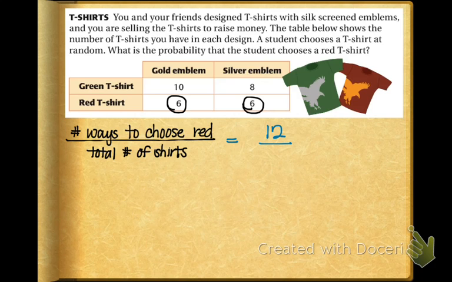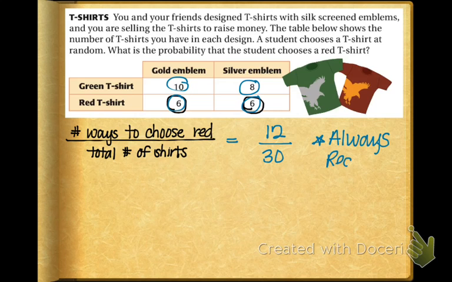Out of how many total shirts? We'd have to add up all 4 of these because that's all the different t-shirts that they have available. So you would do 10 plus 8 plus 6 plus 6, and we get 30. Now, one thing that I want to mention, because some of us forget this sometimes: always reduce.